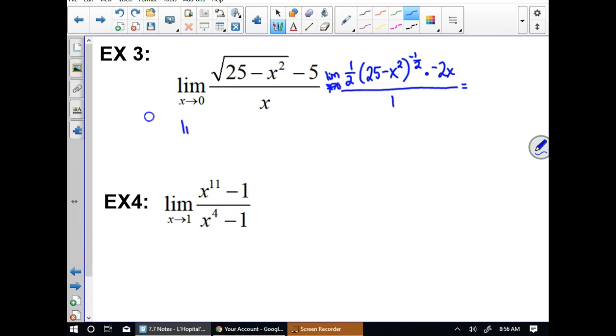So I've got the limit as x approaches 0 of, and that 1/2 and the 2 is going to cancel each other out. So on the top I'm going to have a negative x. On the bottom I'm going to have the square root of 25 minus x squared.